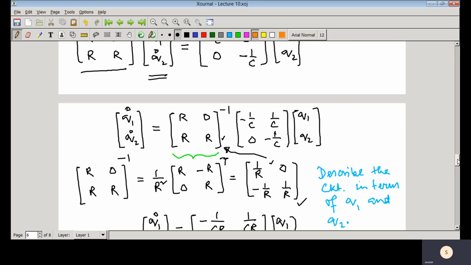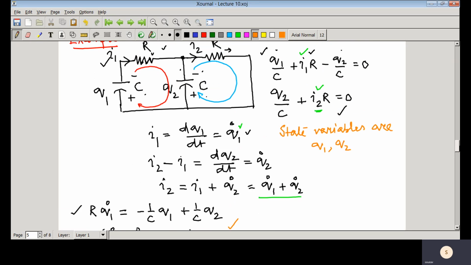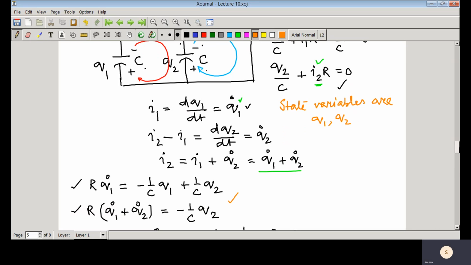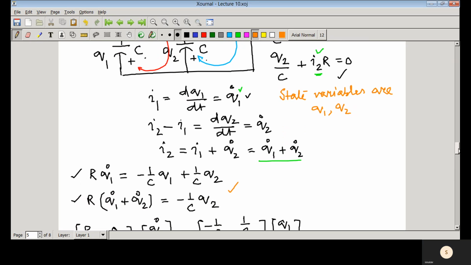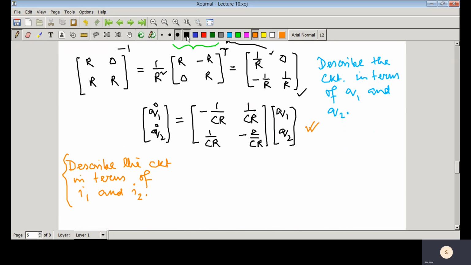So we have these dynamical equations. Again I am writing them in this form, that is 1 by c dq1 by dt plus r di1 by dt minus 1 by c dq2 by dt equal to 0.